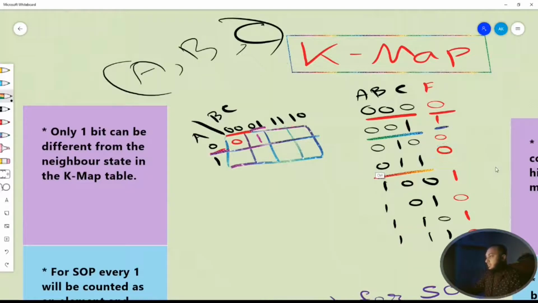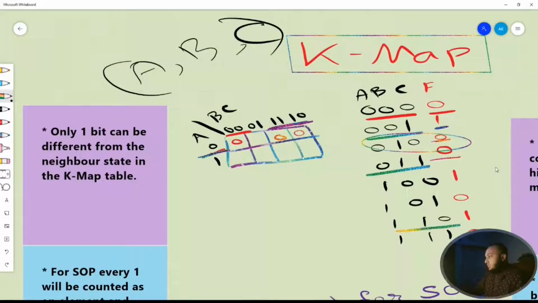Okay, let me clear this up again. So for this pattern, 0 1 0, the pattern is here. For 0 1 0 we have 0, so we will write 0. For 0 1 1, which is here, we will write 0.